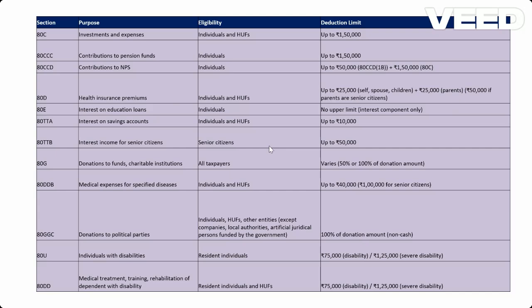You might have those documents, but you think maybe it is not related and you cannot file, and you might approach friends or relatives to know what needs to be added, or how it needs to be added. So there are a few sections in 80C. Everybody might know 80C is for investments or expenses.